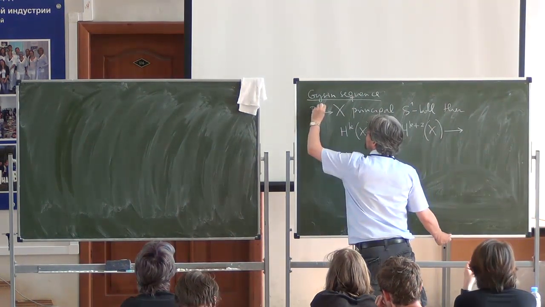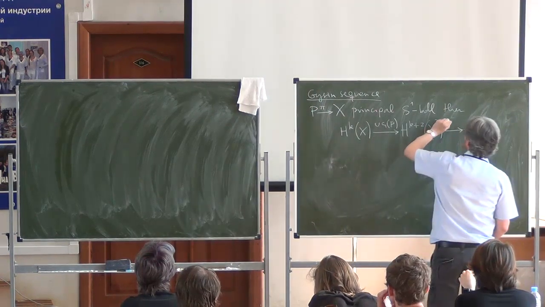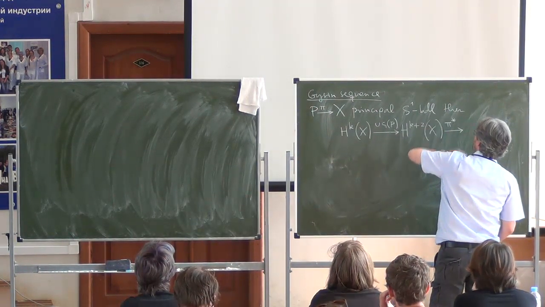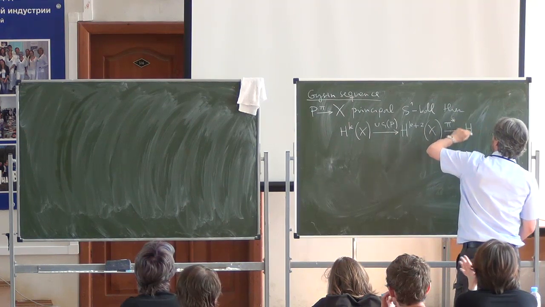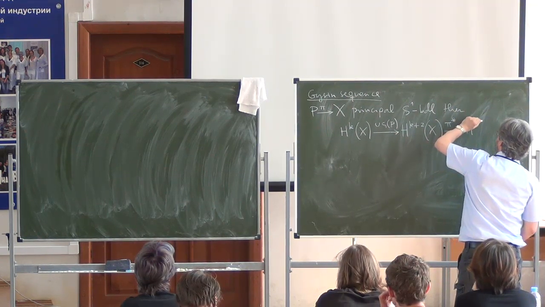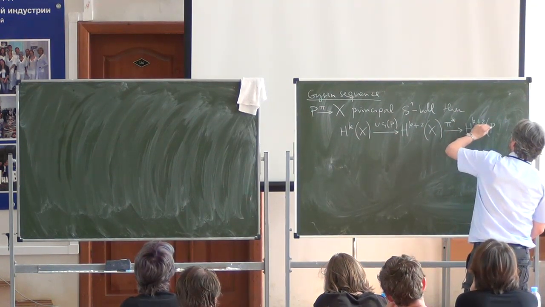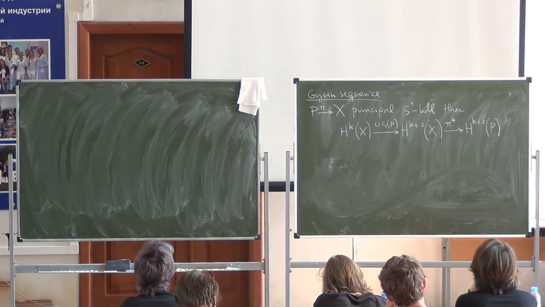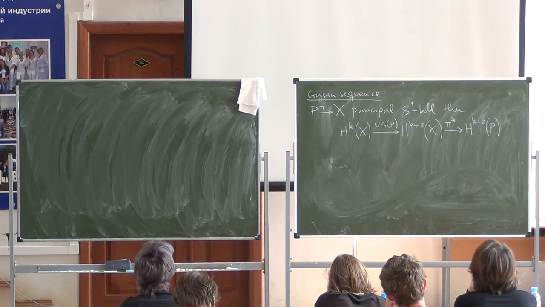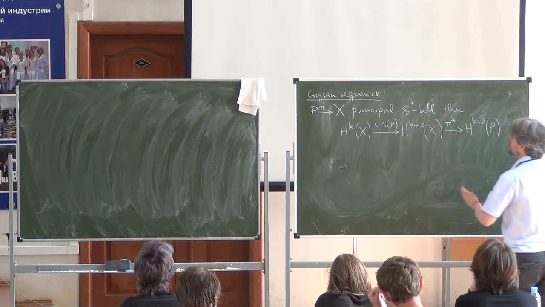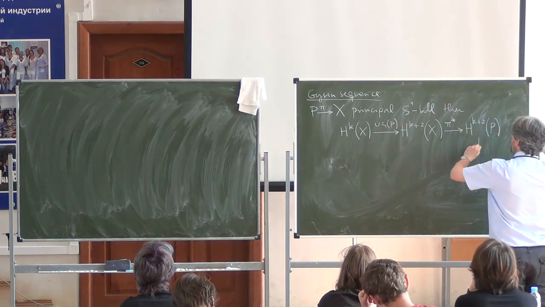Let's call pi the projection. You pull back this to the total space of P.